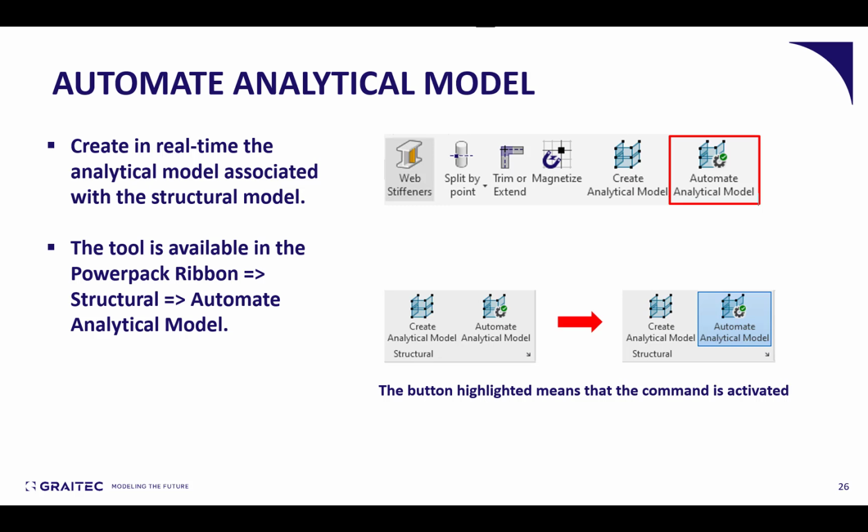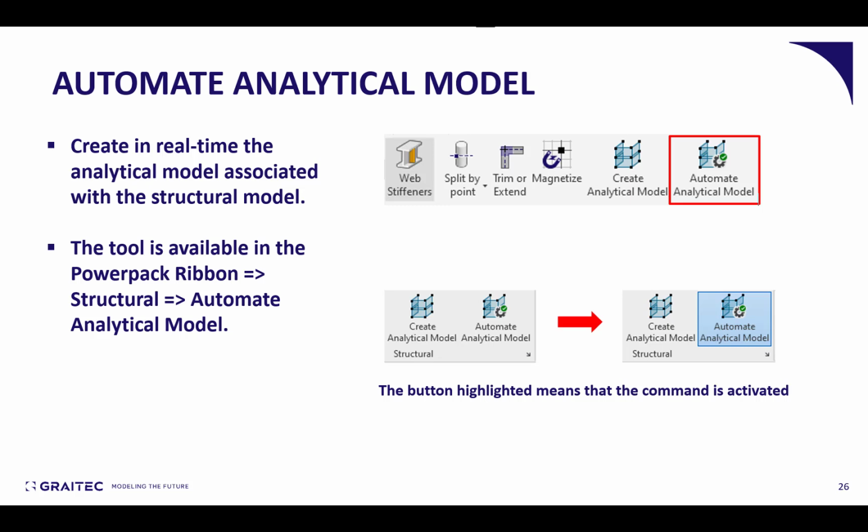The second manner with our Power Packs to create an analytical model is to use this on-the-fly creation method. I call it that, which is what the Automate Analytical command enables.